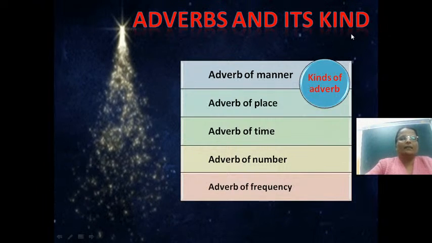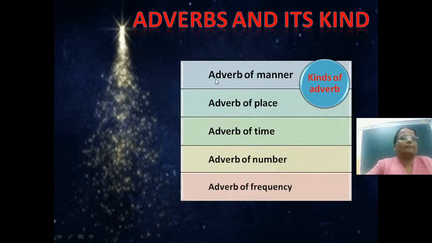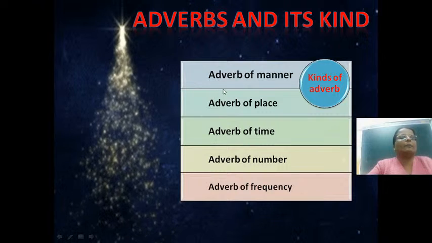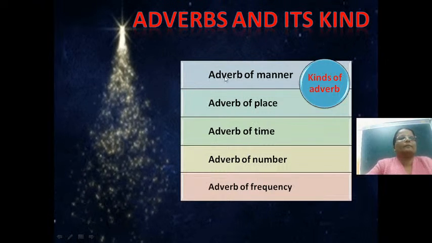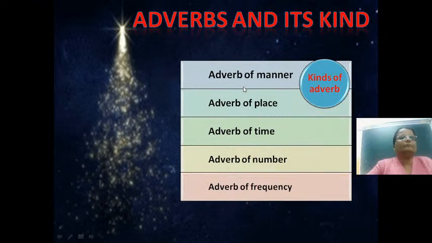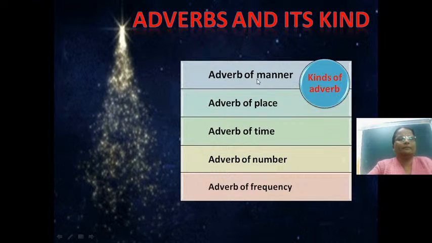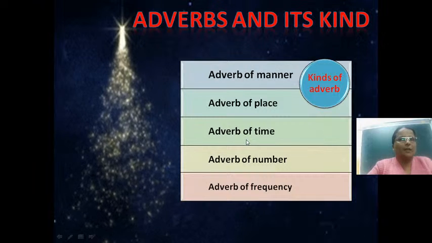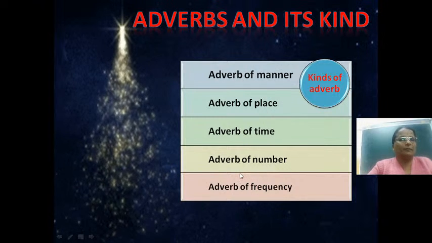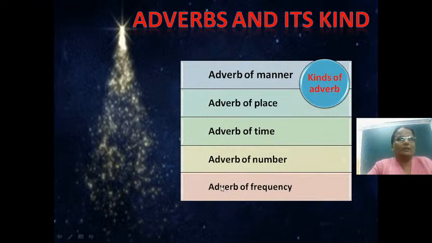Adverbs and its kind. Adverbs are divided into 5. Look here and repeat reading after me. Adverb of manner, adverb of place, adverb of time, adverb of number, and adverb of frequency.